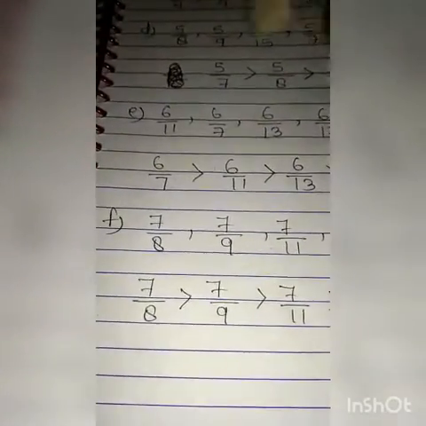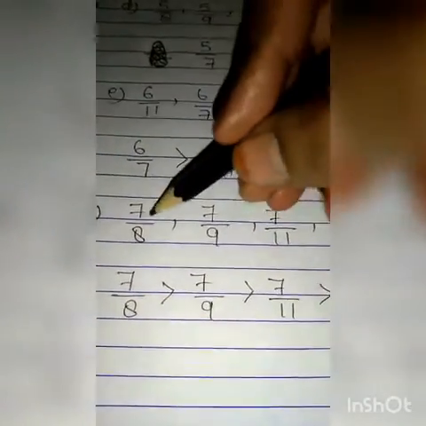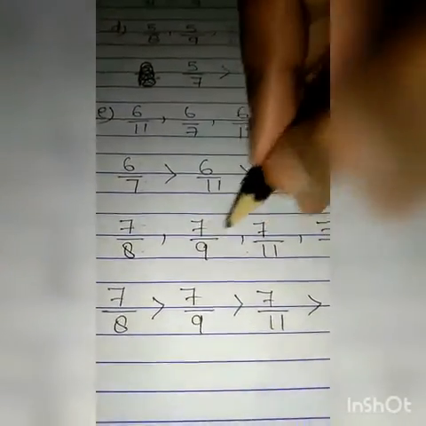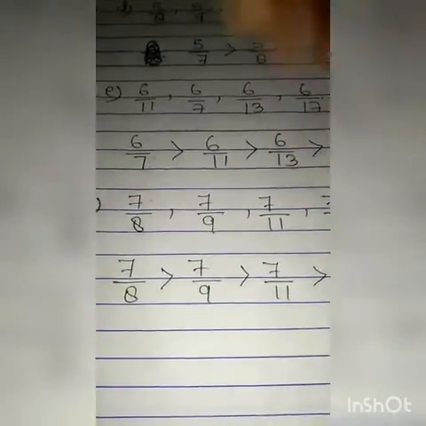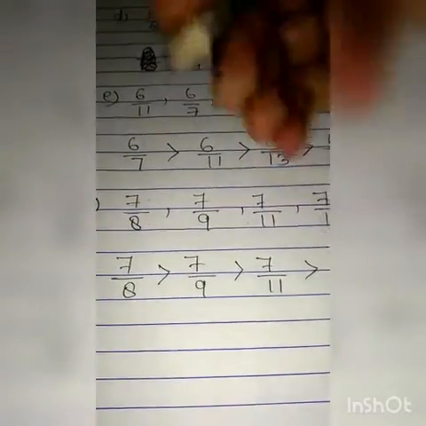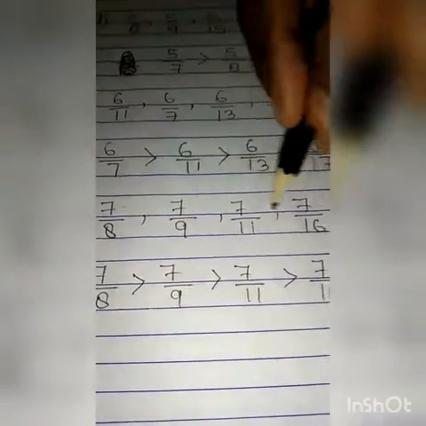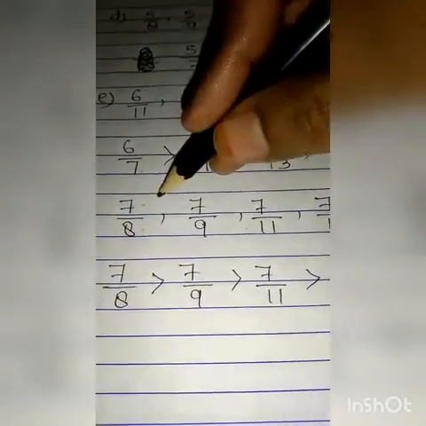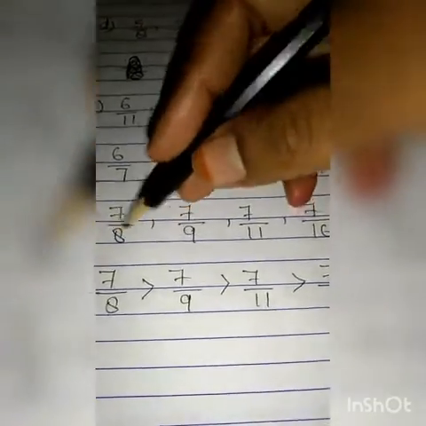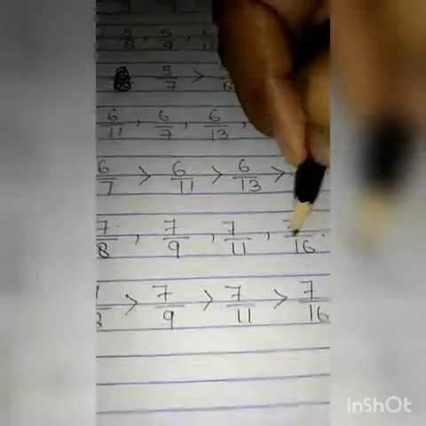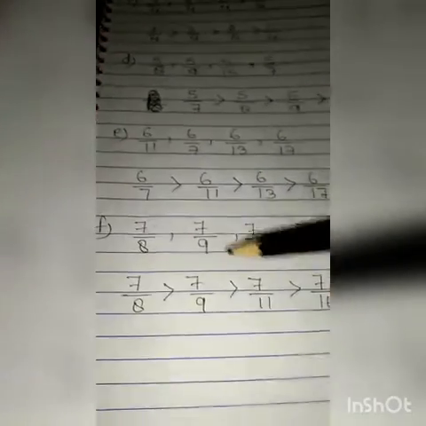Now the last question of the second part is question number F: 7 upon 8, 7 upon 9, 7 upon 11 and 7 upon 16. Here these fractions are again unlike fractions. They have the same numerators, but the denominators in each fraction are different. So what will we do?